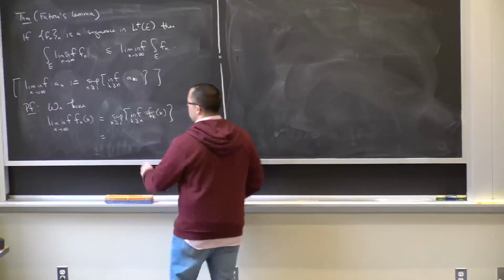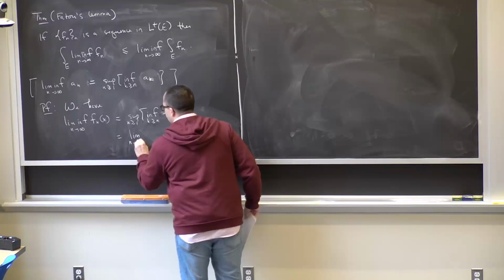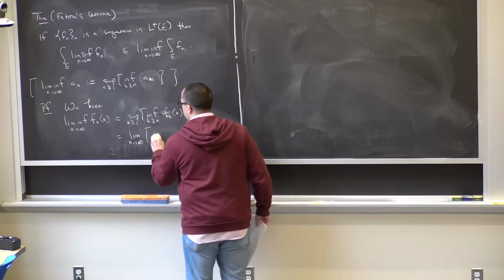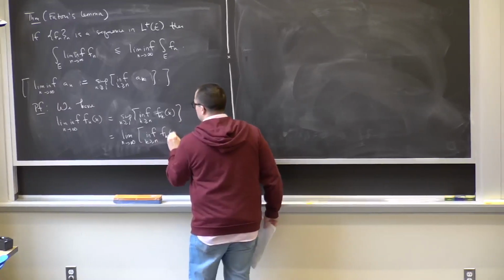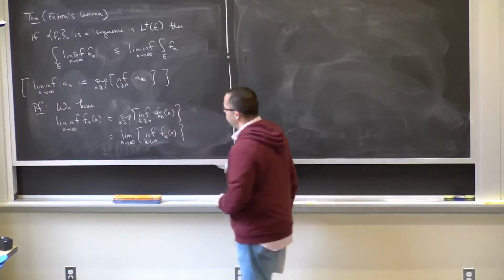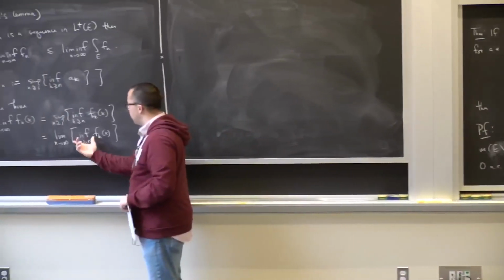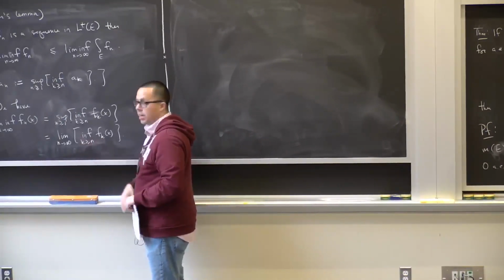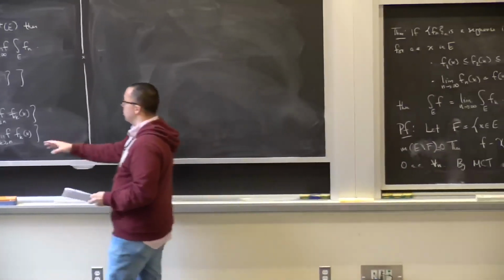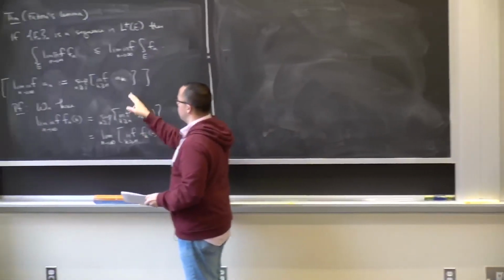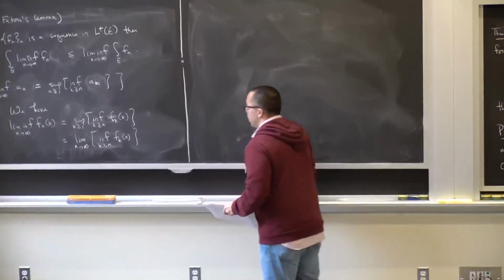So this sup is, in fact, the limit as n goes to infinity of this increasing sequence of real numbers, defined as the inf over k bigger than or equal to n of f_k of x. And what I just told you is not specific to f_k of x, it's true for any sequence a_k.